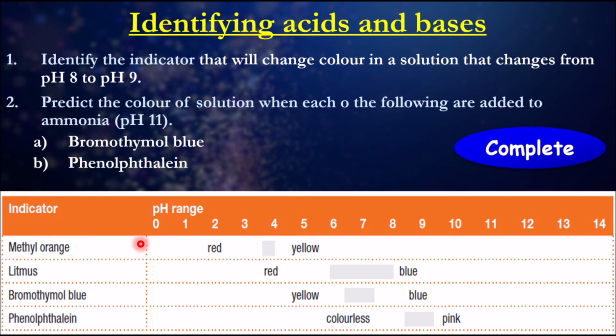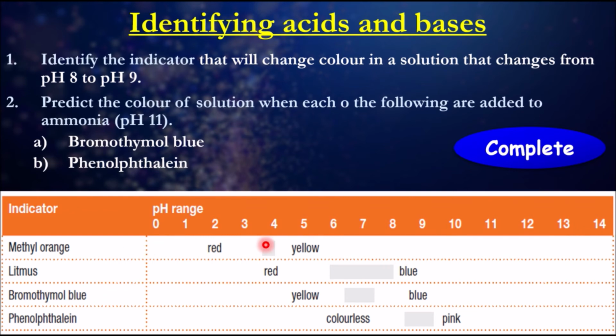Okay, let's have a look at this little chart here. This is just a chart to show different types of indicators that you may be able to find. We have things like methyl orange, litmus, bromothymol blue, and phenolphthalein. When you combine all these together, you get an indicator known as the universal indicator, and it can do multiple color changes from 0 to 14.